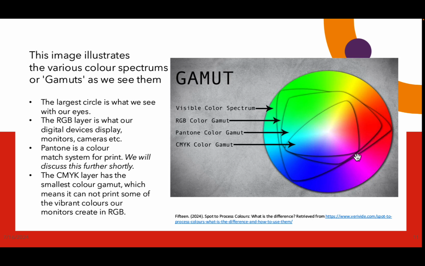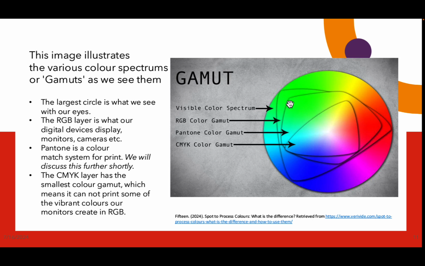The next level in is something called Pantone color, or Pantone matching system, PMS. And this color is a subtractive color model. It is meant to enhance CMYK. You can see this small little triangle on the top. This triangle represents CMYK coverage. So this is what CMYK can create.